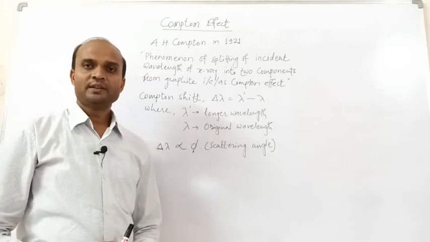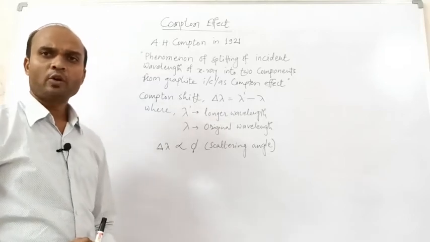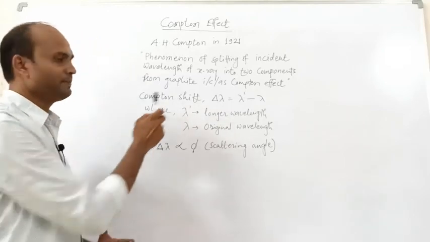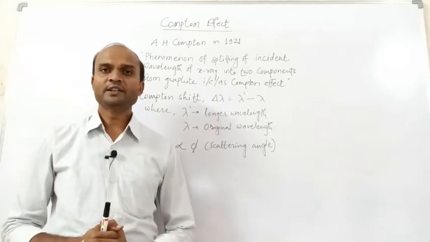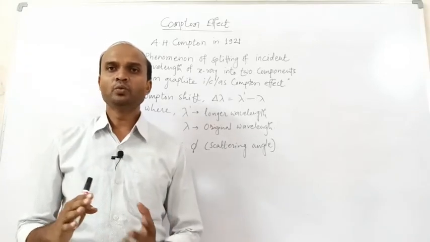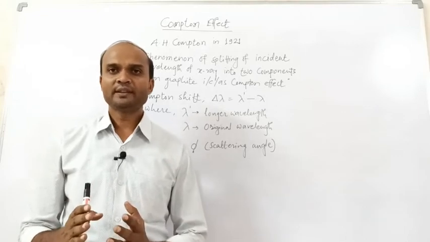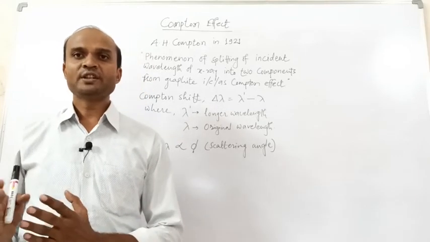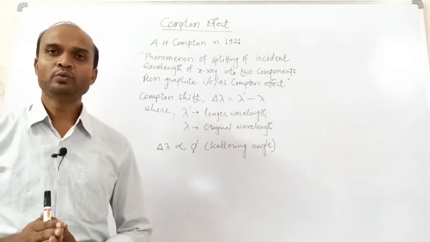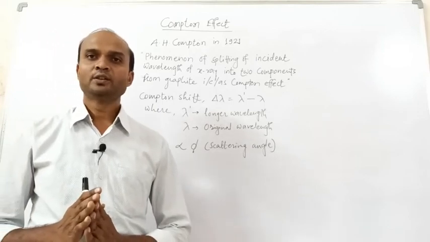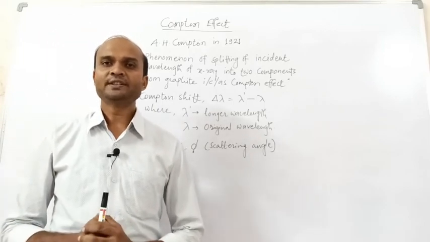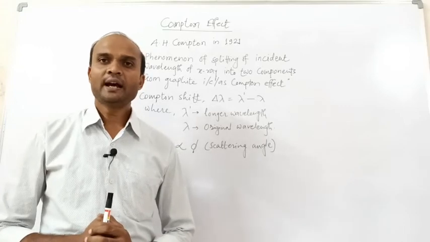Now, what is meant by Compton shift? Compton shift is the difference in two wavelengths, that is, the difference between the longer wavelength and the original wavelength. That difference is called the Compton shift, and it is denoted by delta lambda.